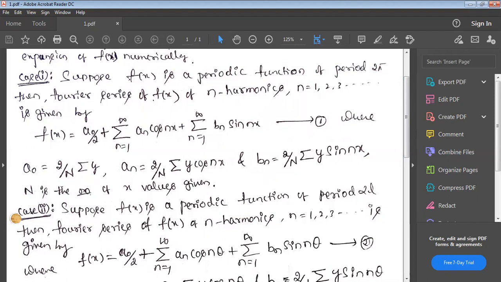First let us discuss case 1: how to find the Fourier series harmonics numerically by using the harmonic analysis concept when it is a periodic function of period 2 pi.